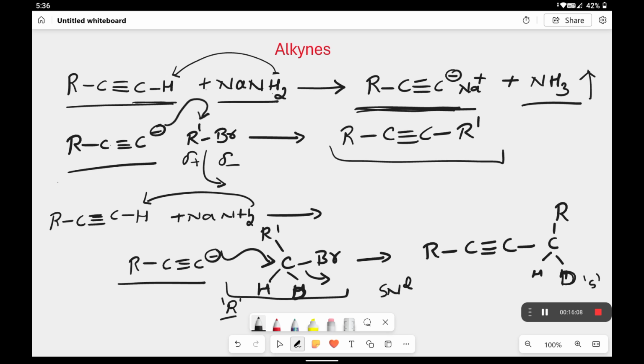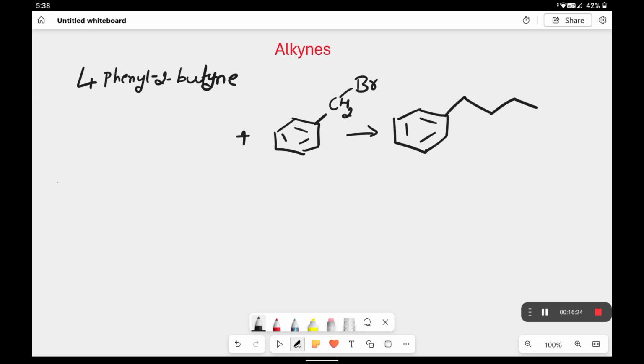The result of the SN2 mechanism is inversion of configuration, so you will get the opposite compound. Inversion of configuration is the stereochemistry. Yes, isn't it? So this is one thing. In the next slide we can discuss one more thing.